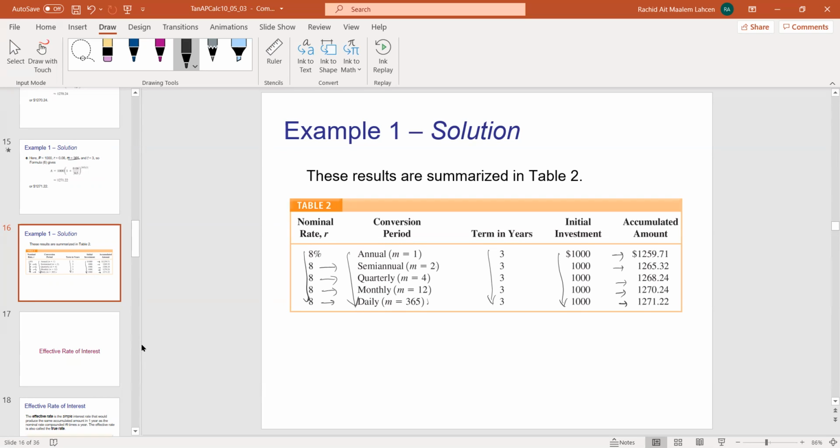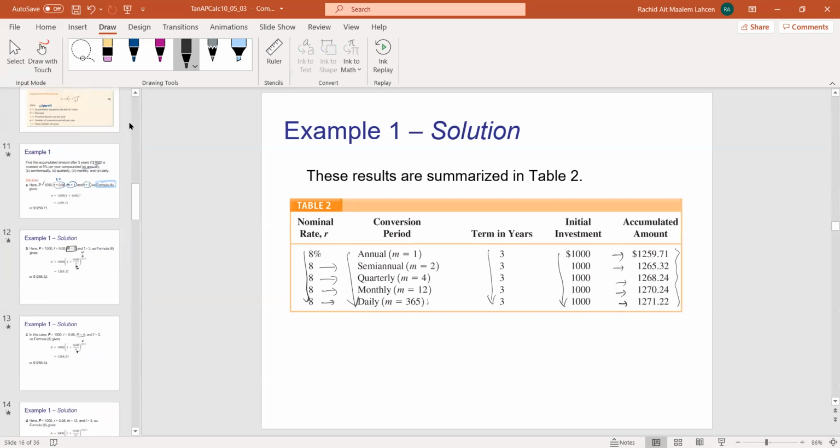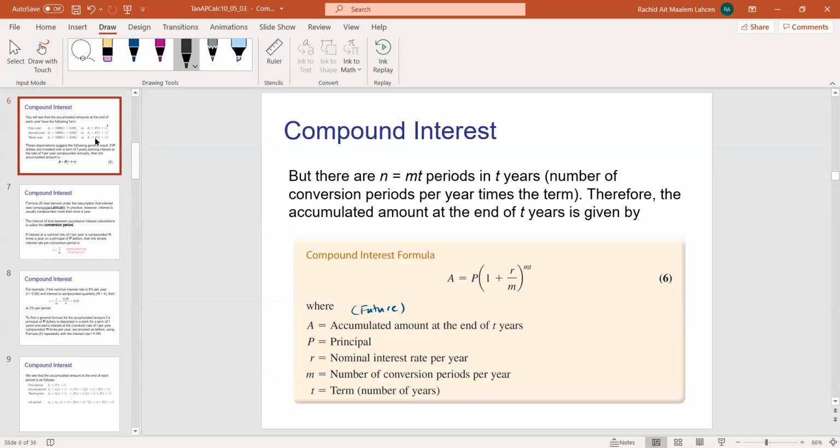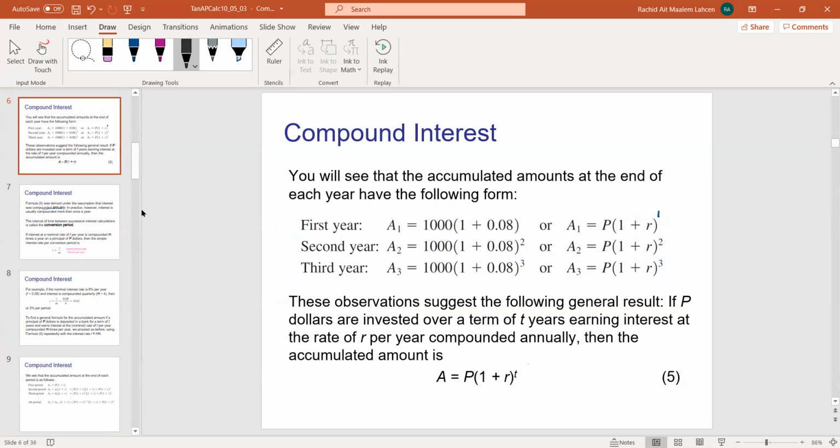It won't be 8% each time, because if we use the same formula generated by the assumption that this is compounded annually, and you're using 8% and 3, you're going to get the same A all the time, which is not going to be correct.